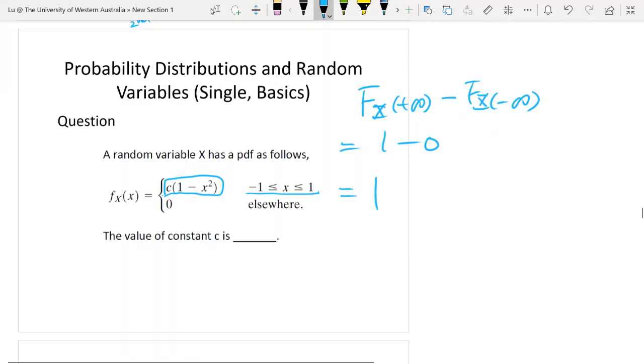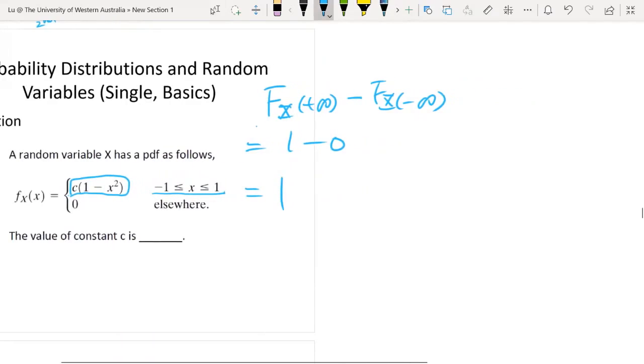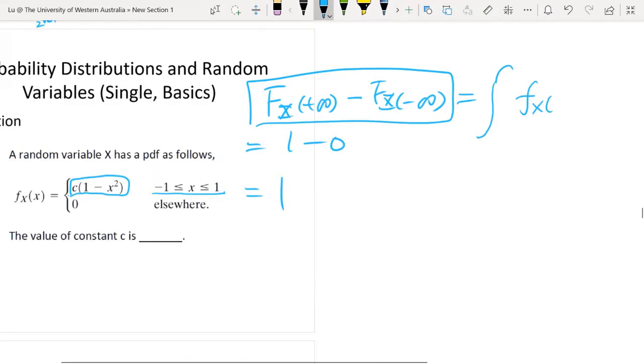This is pretty straightforward. But in the meantime, we mentioned such CDF function value difference can also be represented by the integration of the PDF function from the same interval, so negative infinity to positive infinity.